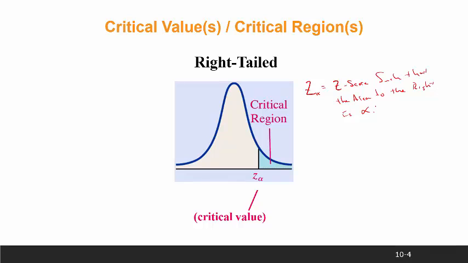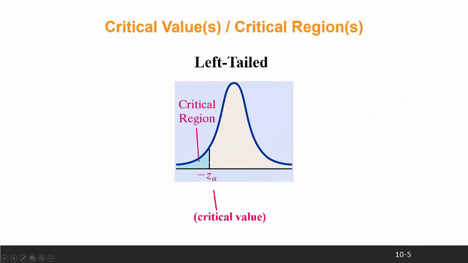Okay, so whenever you have a right-tailed test, you don't do alpha divided by 2. That's your critical value, and then you're going to shade everything to the right underneath it. This turquoise shaded area here is your critical region. The left-tailed test is just the negative of it. Okay, it's negative z of alpha. And then the critical region is shaded to the left of this value.